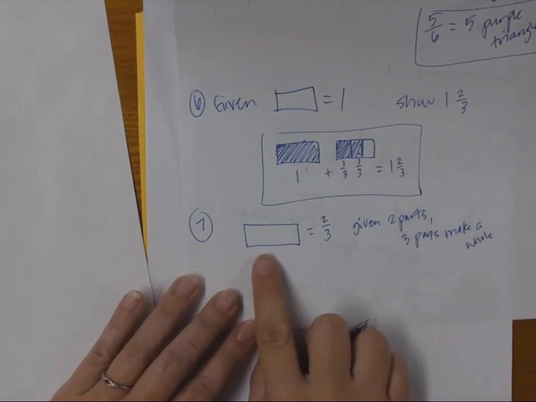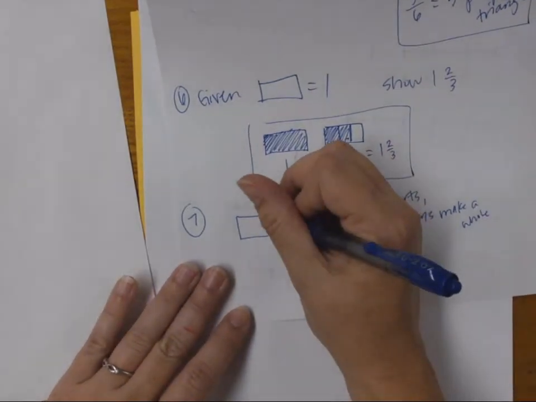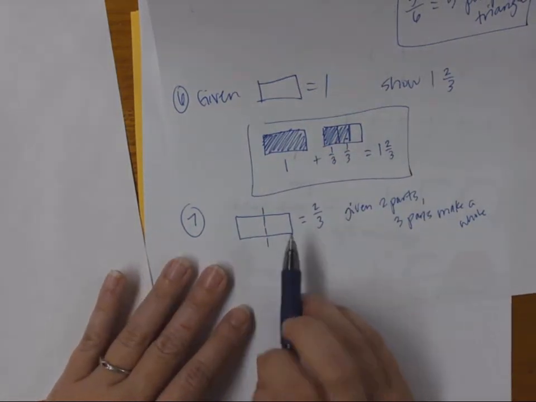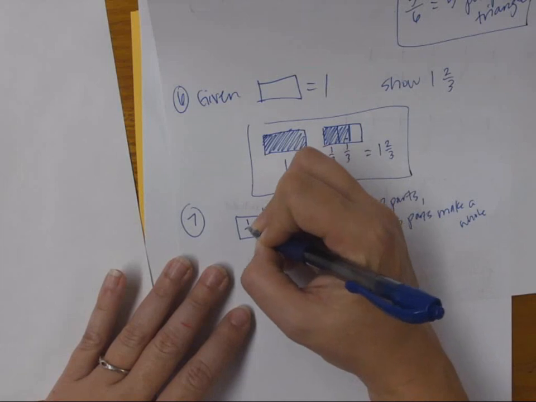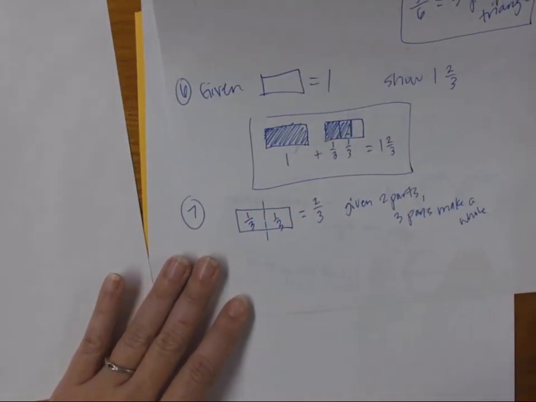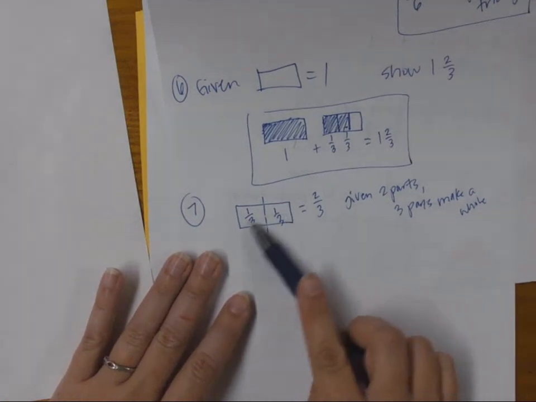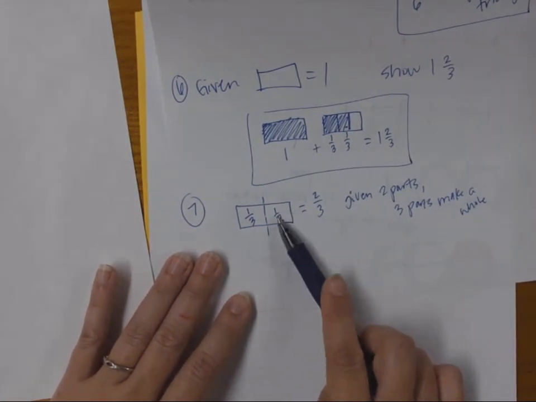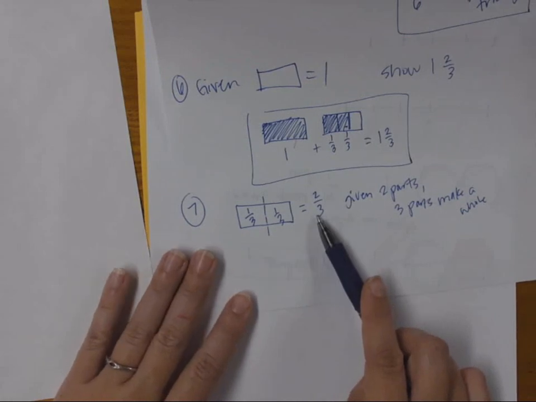So in this situation, I was given 2 parts. I'm going to split it in half. The name of each part, this is 1/3 and this is 1/3. The reason why it's not 1/2 is because this thing isn't a whole. When I split it into 2 parts, 1/3 plus 1/3 equals 2/3.